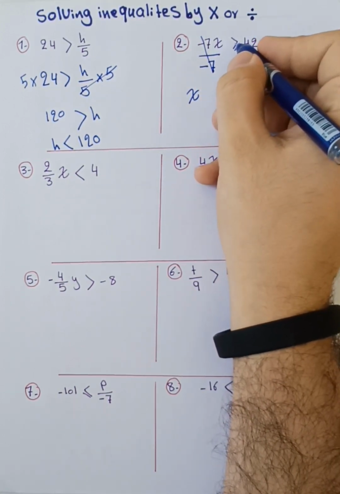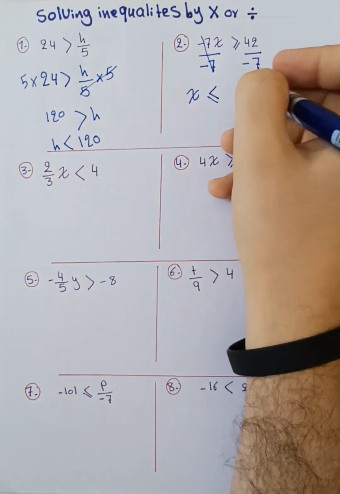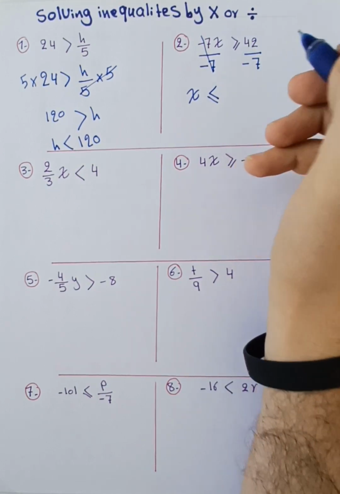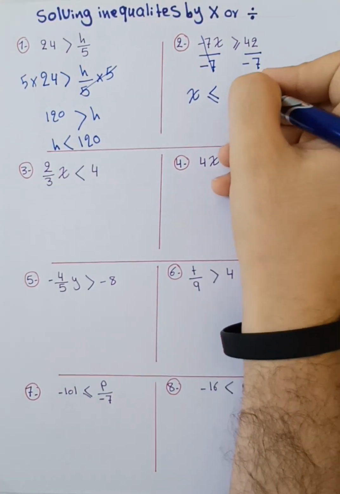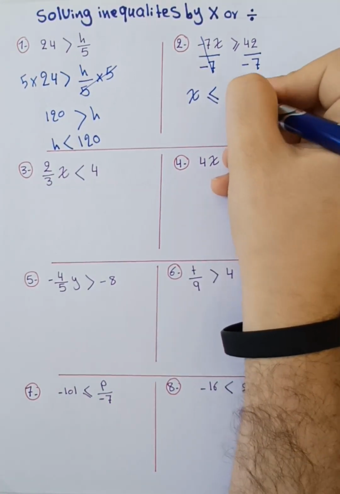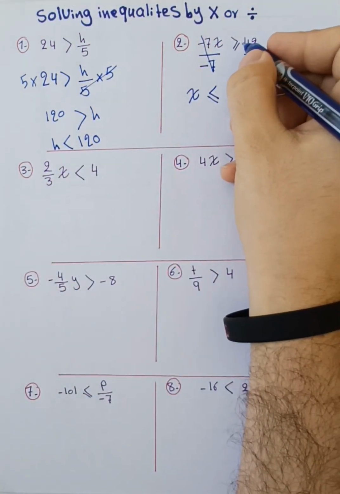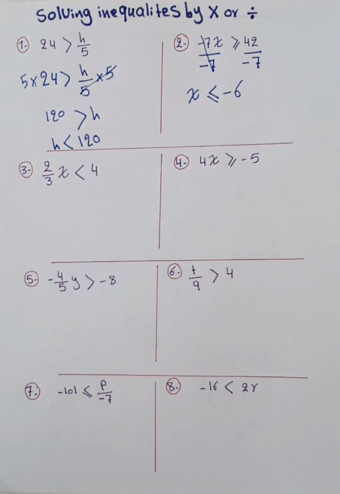Greater than or equal becomes less than or equal to 42 divided by 7 equals 6. And then plus times minus is minus, so x less than or equal to negative 6.